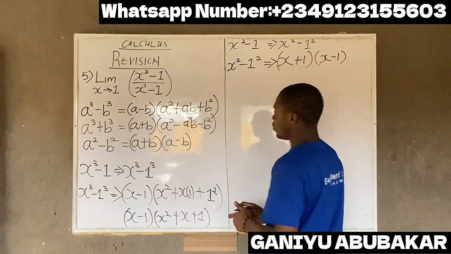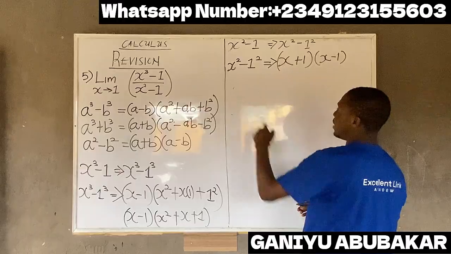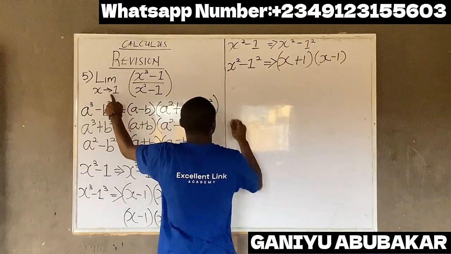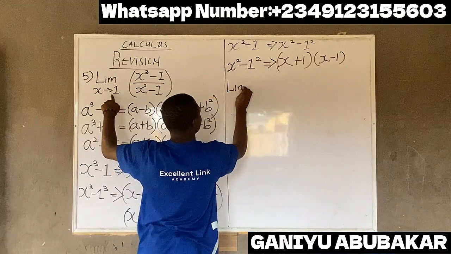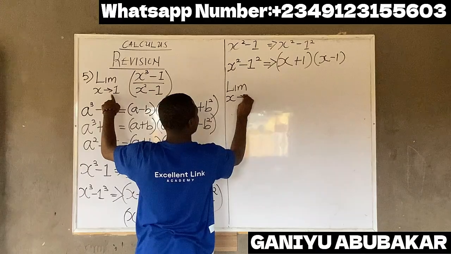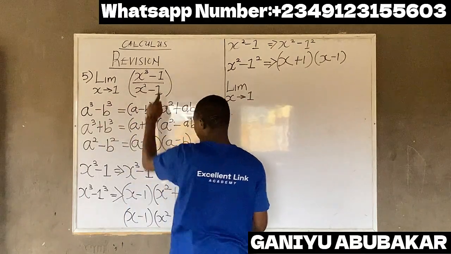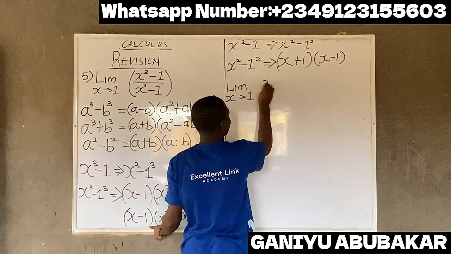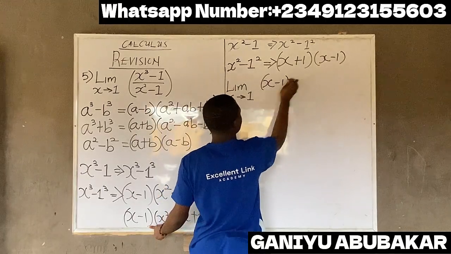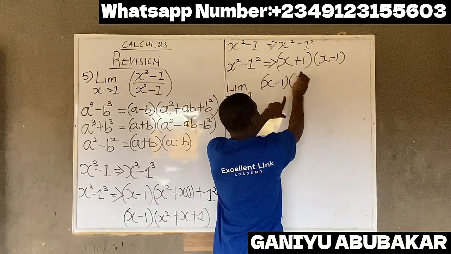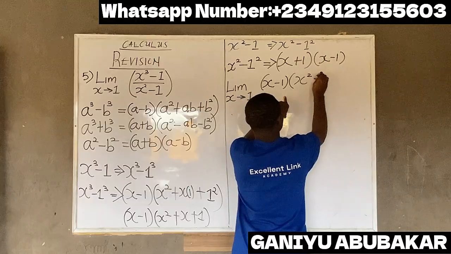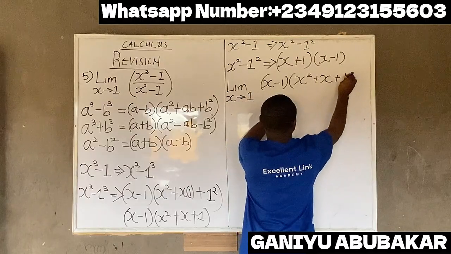So I'll bring back my limit. The limit as x tends to 1 of x cubed minus 1 is now x minus 1 into x squared plus x plus 1.